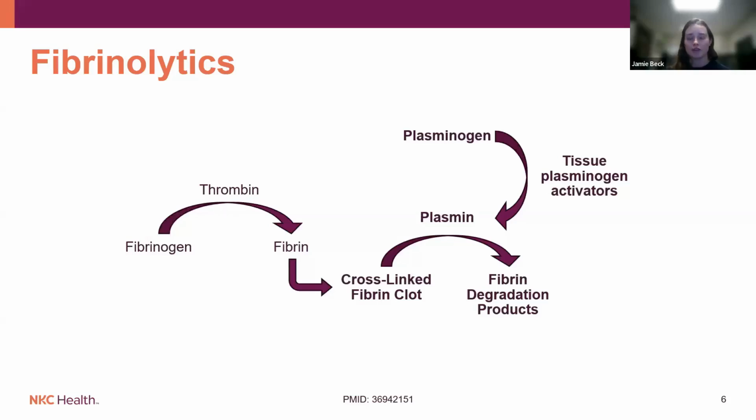After administration of a fibrinolytic, endogenous tissue plasminogen activators, or TPA, are released into our circulation. These tissue plasminogen activators convert plasminogen to the activated form called plasmin, which is a proteolytic enzyme that breaks the cross-links between these fibrin molecules, ultimately degrading the cross-linked fibrin clot and promoting reperfusion to the vessel and damaged tissue.